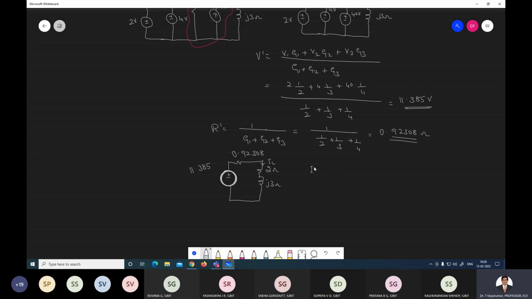So IL is given by, applying KVL, 11.385 divided by the sum of the resistances: 0.92308 plus 2 plus J3. After simplification, tell me the answer, how much are you getting?